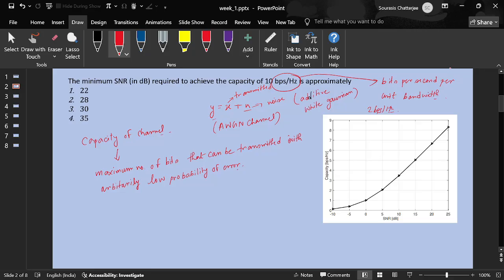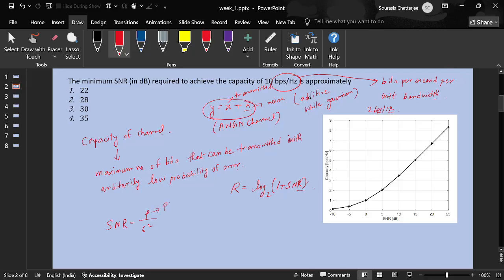And how exactly it is related to the SNR expression, that is given by Shannon capacity theorem, so that your capacity R is given as log base 2 of 1 plus SNR. And how is this SNR related here? SNR, for this particular case of a single antenna AWGN channel, is given by P over sigma square.